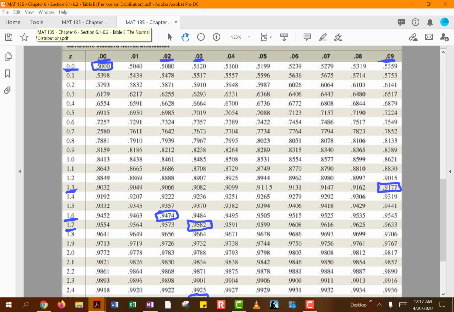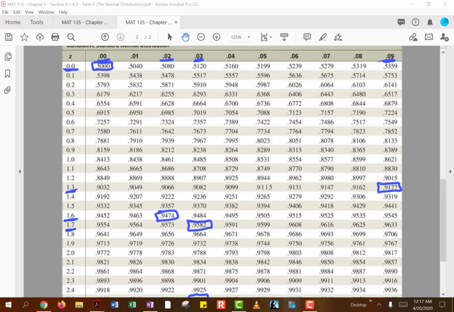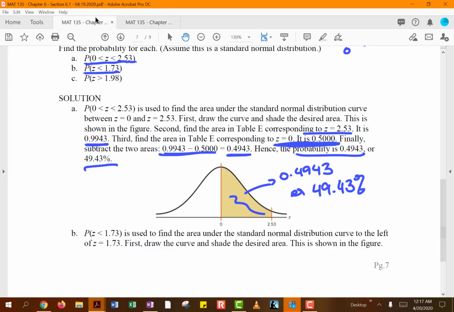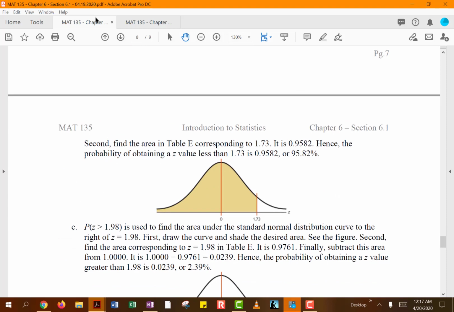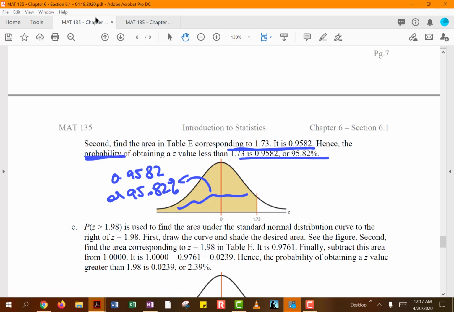So 1.73 looks like it's going to be this value here, 0.9582. So again, all of this shaded part is going to be 0.9582 or 95.82%. So again, think of it as an area, but you can also think of it as a probability.